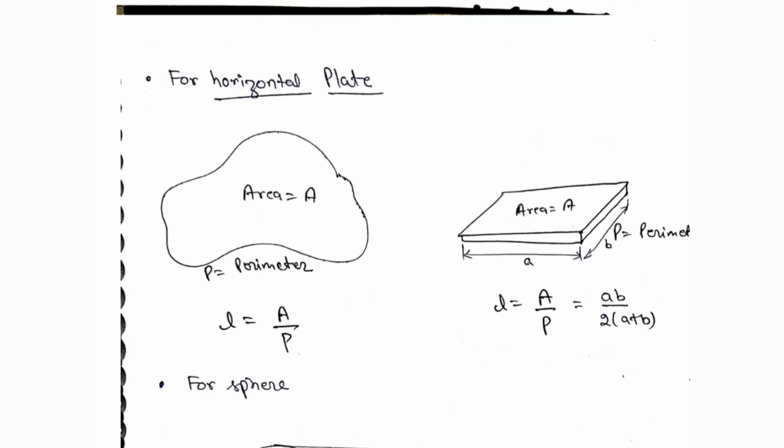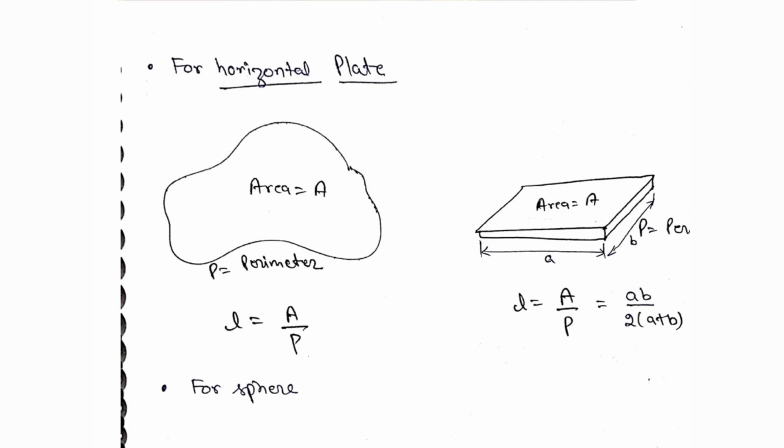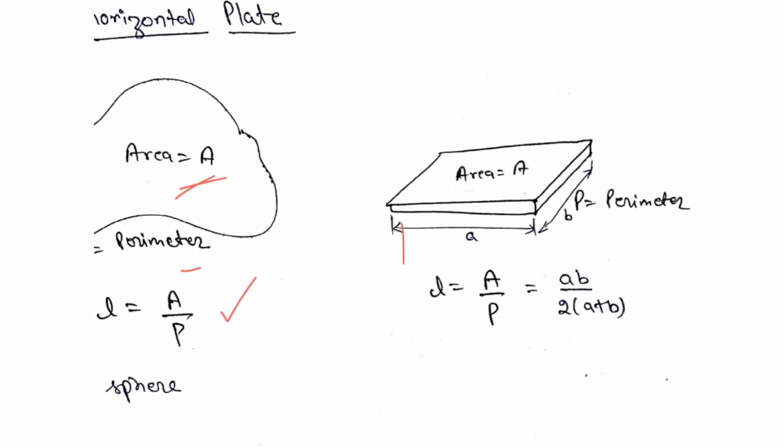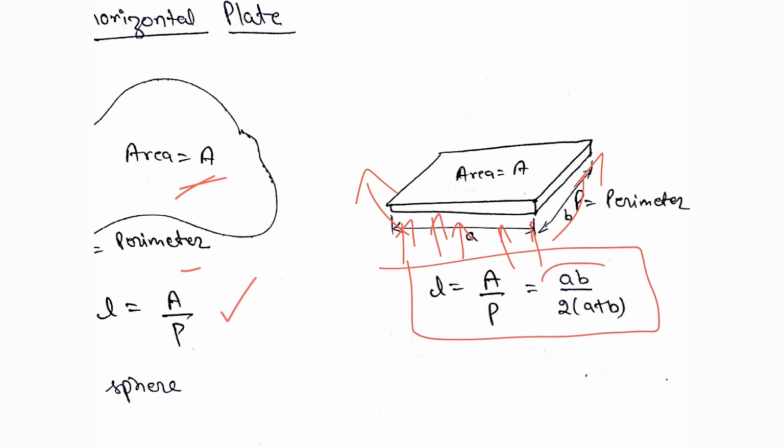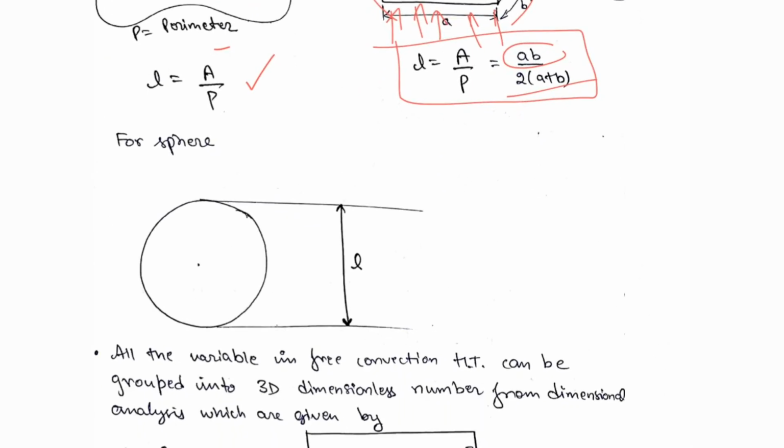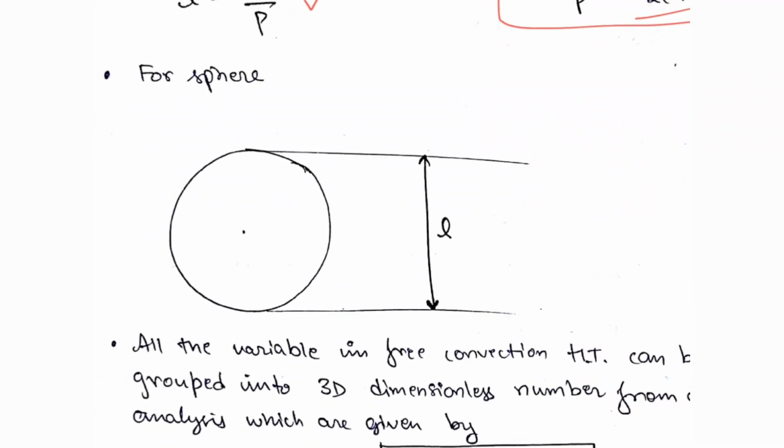Okay, and if you have some arbitrary area whose area is A and perimeter is P, then its characteristic dimension is A by P. If you have a rectangular plate arranged in this manner and the flow of fluid is taking place in this direction, then your characteristic dimension is A by P, that is AB by 2 times (A plus B). If you have a sphere, its characteristic dimension is again D, the diameter of the sphere. In case of spheres, the flow will be like this.